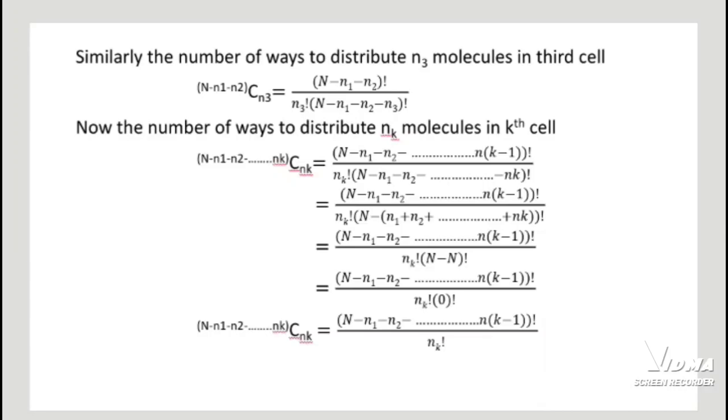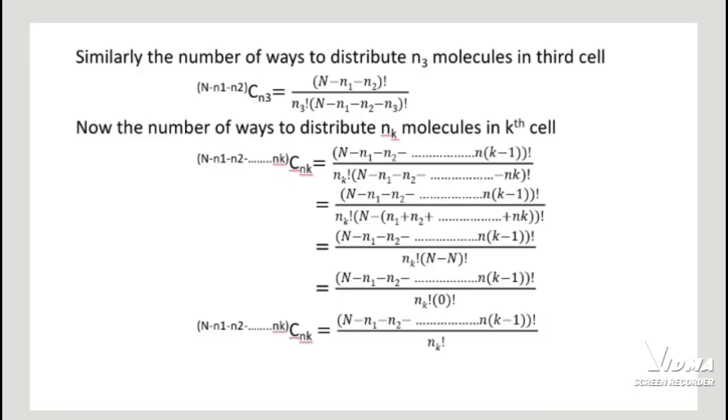In this denominator, taking the minus common, capital N minus capital N factorial is equal to 0 factorial. This 0 factorial is nothing but 1, so finally we get (N minus N1 minus N2 and so on up to N(k-1)) C Nk is equal to (N minus N1 minus N2 and so on up to N(k-1)) factorial divided by Nk factorial.